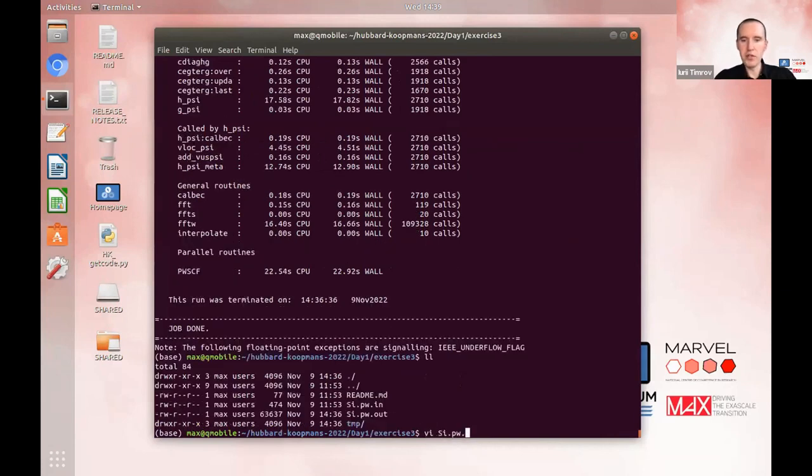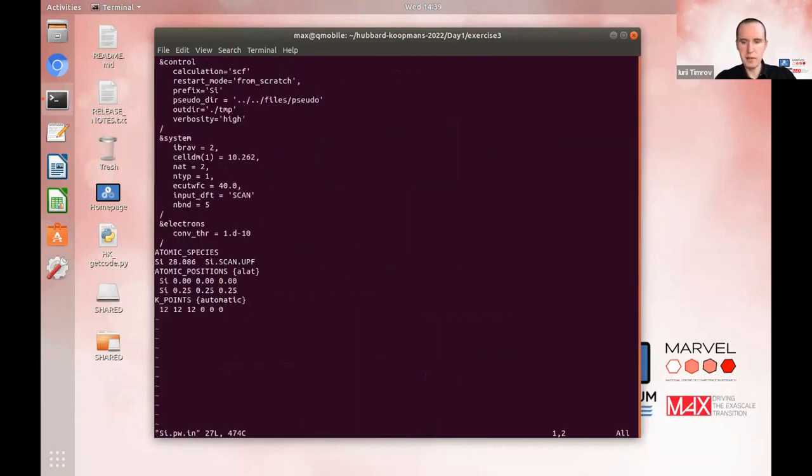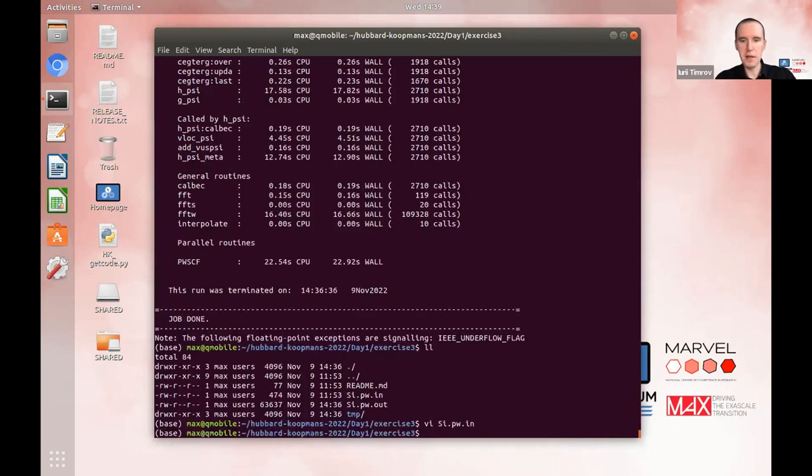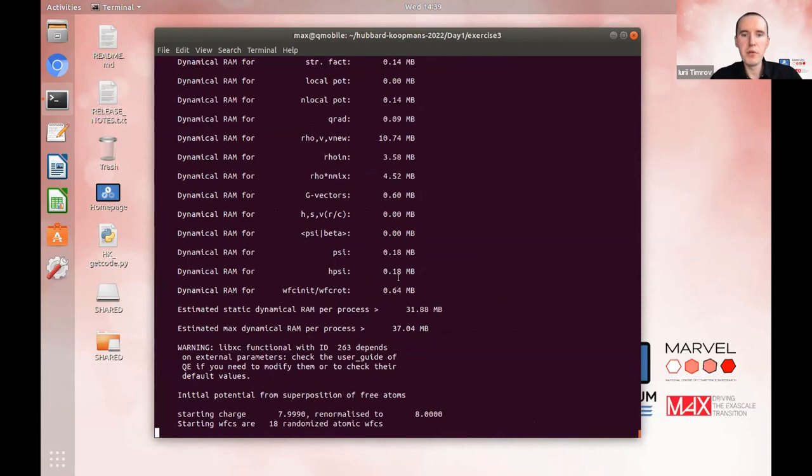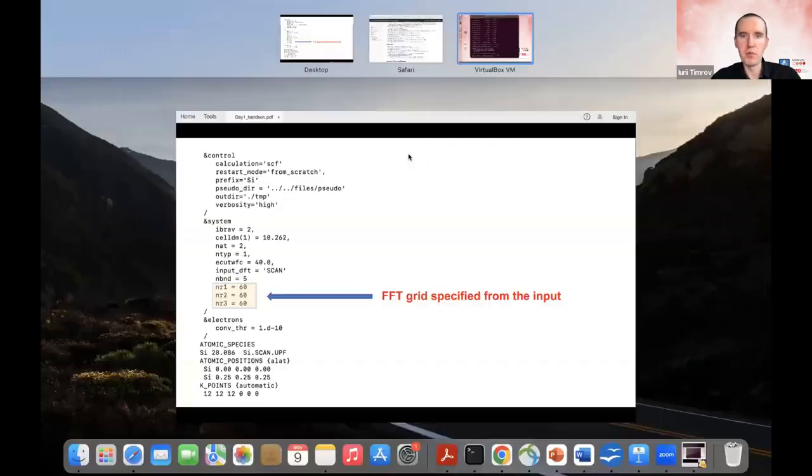The calculation will be more expensive. So we just add nr1 60, nr2 60, and nr3 60. Okay, save, and we submit the calculation. It will take a bit more time than the previous one.